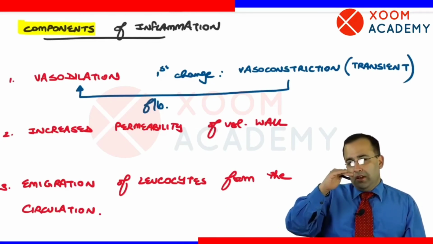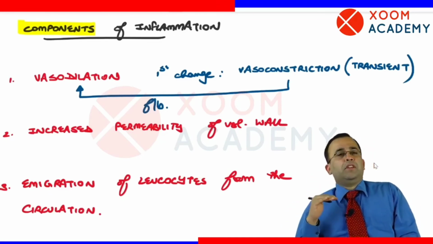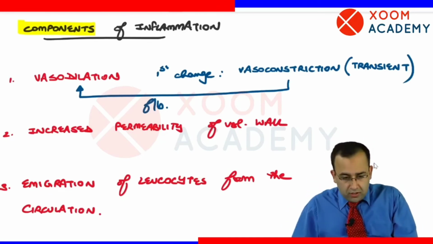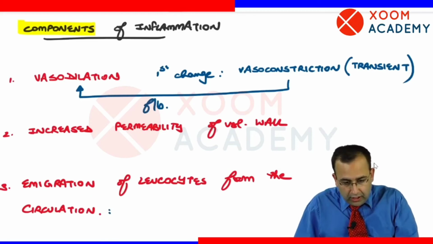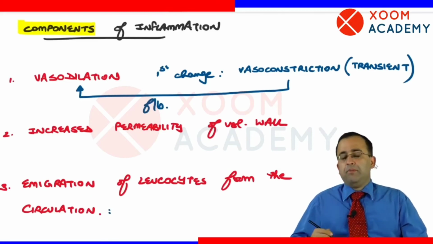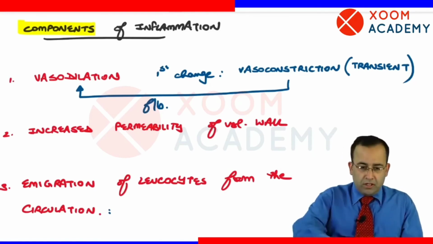circulation. When leukocytes come outside the circulation, what is this process called? This is called diapedesis, the emigration of leukocytes from the circulation.